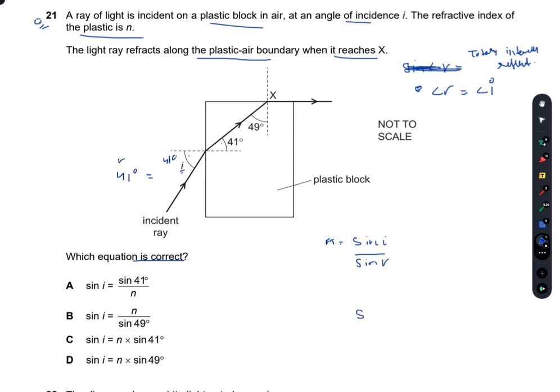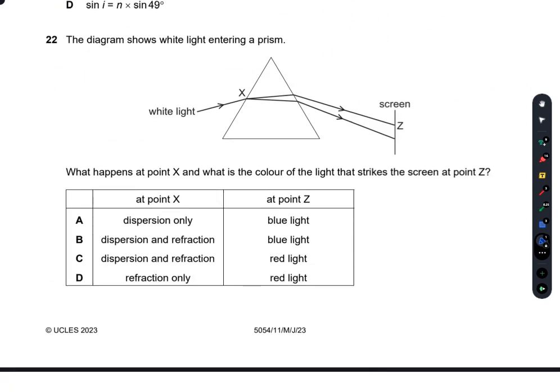So sine of 41 into n, I multiply this here, into n will give me sine of incidence, as I can see in C. So C would be the right option.